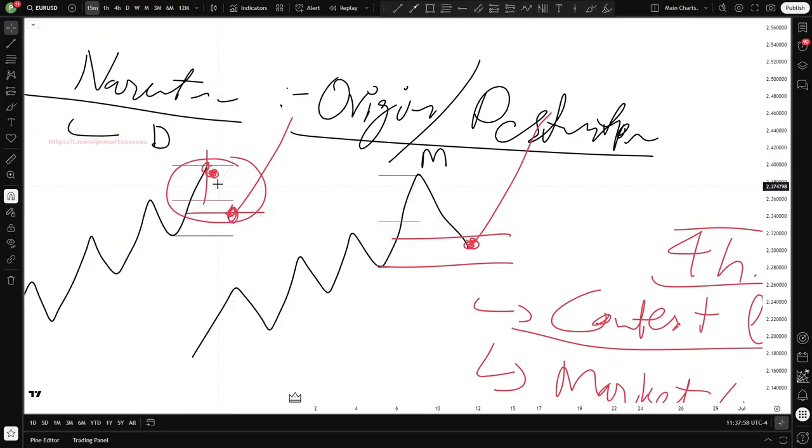So let's say today is Tuesday. So for Tuesday, your directional bias for the day would be bearish and your drawn liquidity would be this key level, this order block right here.